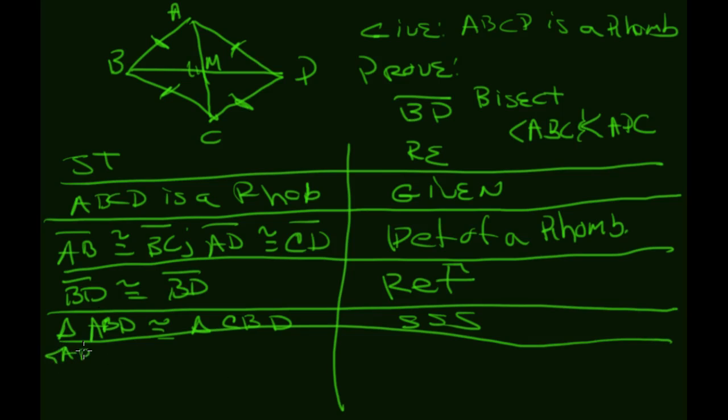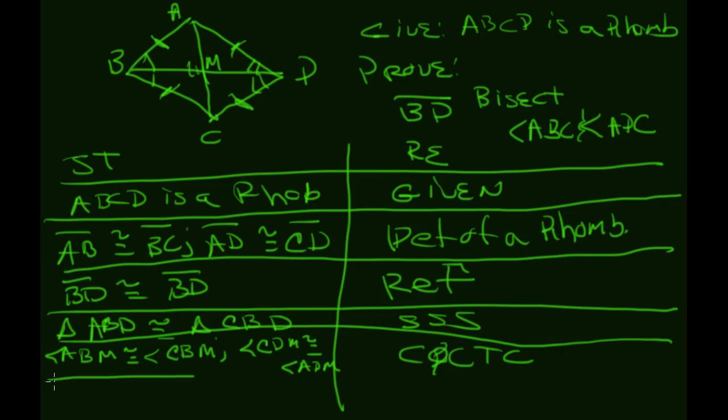That means a bunch of stuff is happening here. Angle ABM has to be congruent to angle CBM, and angle CDM has to be congruent to angle ADM. And that's by CPCTC, because this is part of the top triangle congruent to part of the bottom triangle.